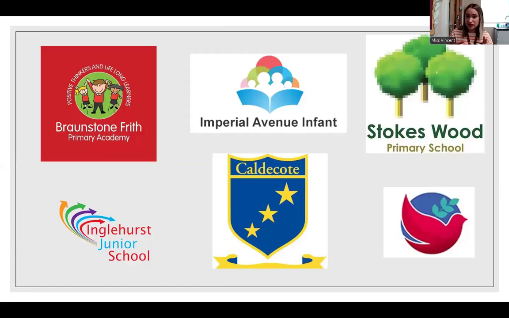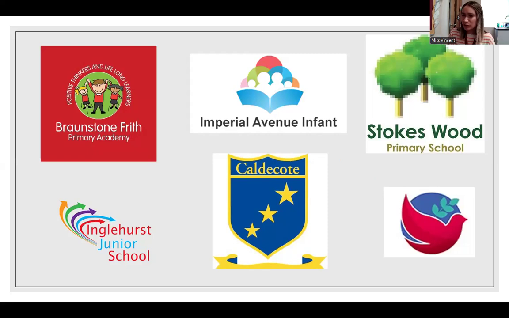So this curriculum, just so you know, is very consistent across schools. How this curriculum was developed was the schools in what we call our DG group, which is all schools within the local area, got together and decided what we felt was appropriate for the age and stage of the children for them to learn in the RSE curriculum. So I've just put a few of the different schools that would have got together and decided this together as teachers.